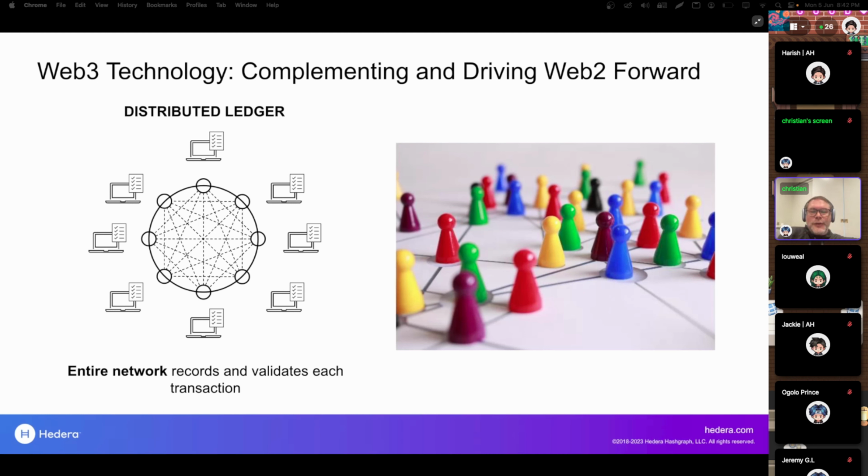Okay, so for those of you unfamiliar with Web3 and what it is, we'll just spend a few minutes defining what a distributed ledger is. So if you can think of this as a multi-party database that is immutable.